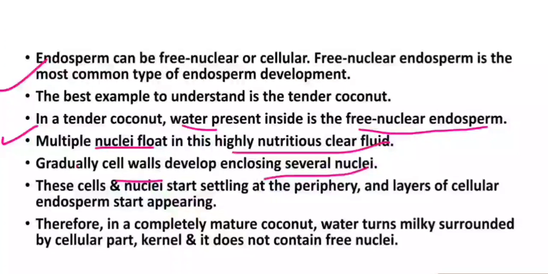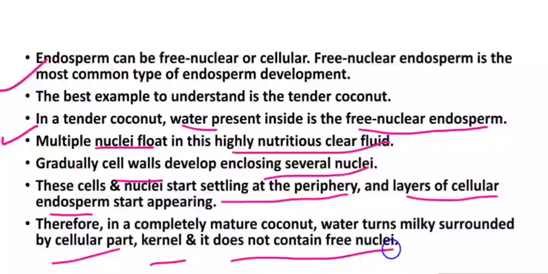the several nuclei, these cells and nuclei start settling at the periphery and form the layers of cellular endosperm, जिसे आप कर्नल कहते हैं. The coconut that you eat is the cellular endosperm. Therefore in a completely mature coconut, the water will turn milky, surrounded by the cellular part, the kernel, and it does not contain free nuclei.